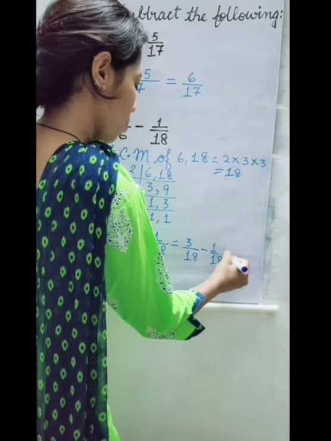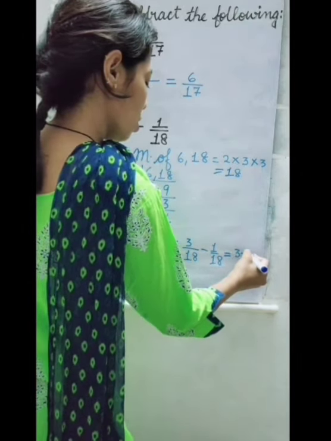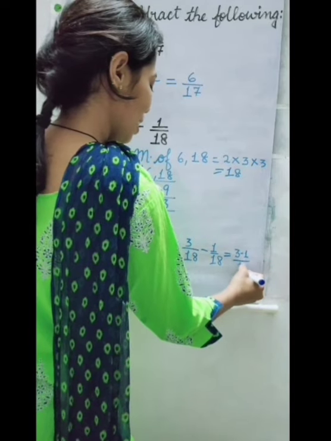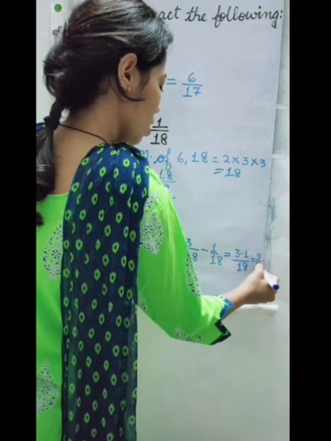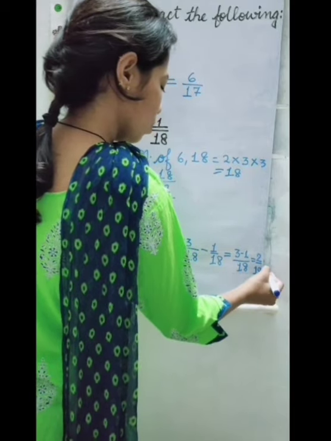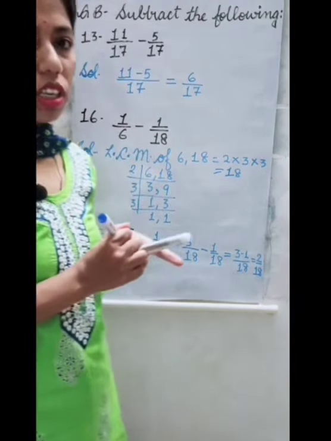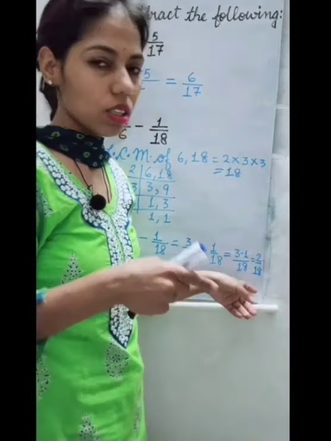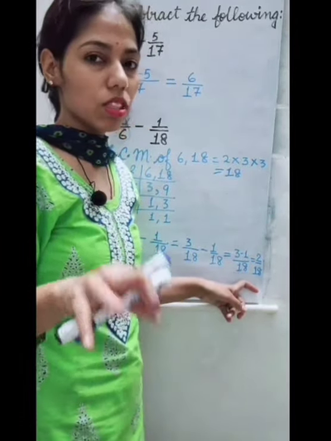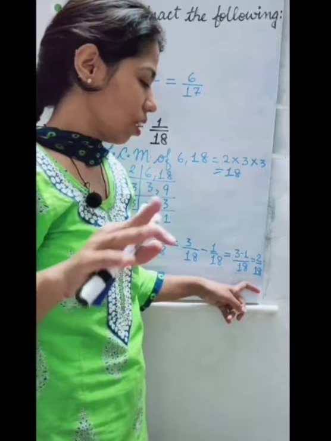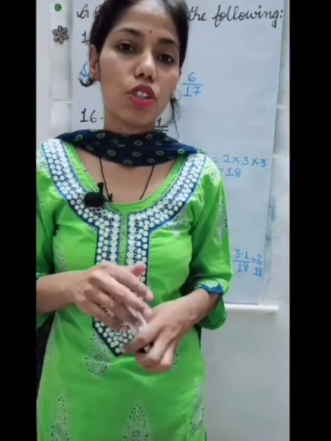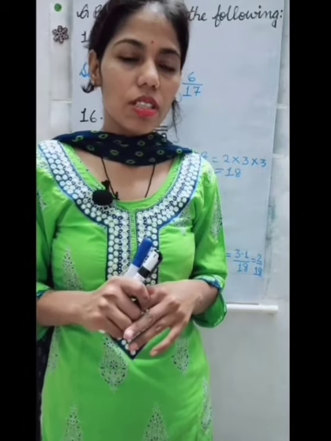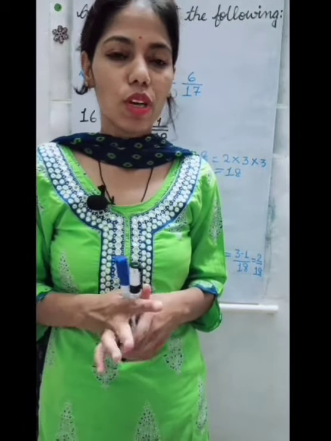And in next step, 3 minus 1 by 18 and it will be 2 by 18. So if you want to reduce it to lowest term, you can reduce because 2 and 18 both are divisible by 2. After reducing, the fraction will be 1 by 9. So here our question number B finishes and rest parts you have to do as revision work.